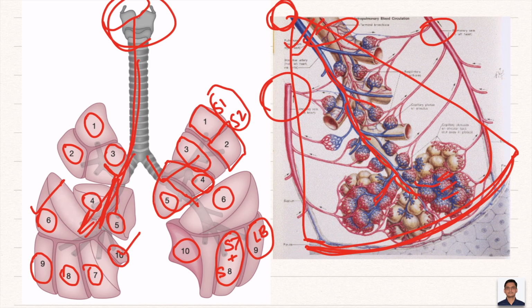Second example, in pulmonary tuberculosis, cavitary lesions are classically seen in the apical and the posterior segments of the lungs because of high oxygen tension in these segments.